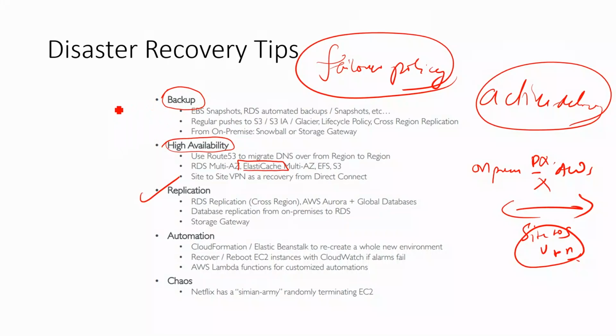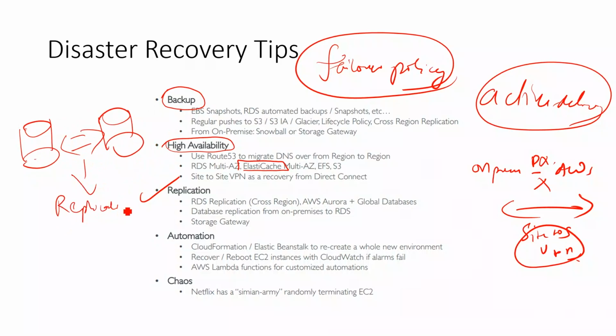So you have your master database, and you have another database in another region or another availability zone, and the replication happens asynchronously. There is asynchronous replication between the master database and the slave database. So that is also one of the backup features that comes under replication.